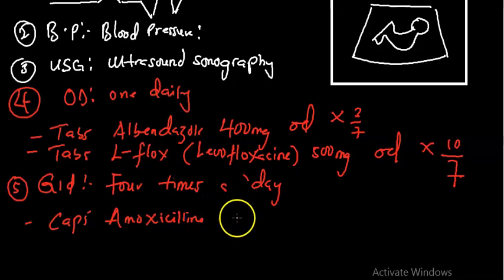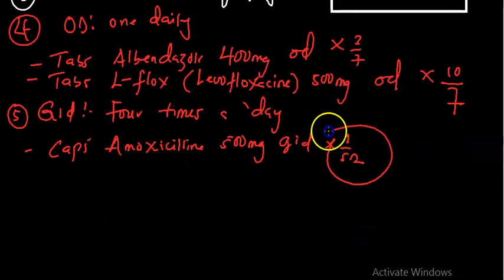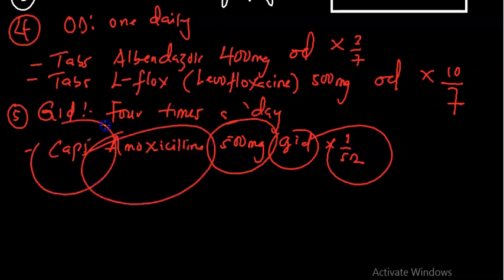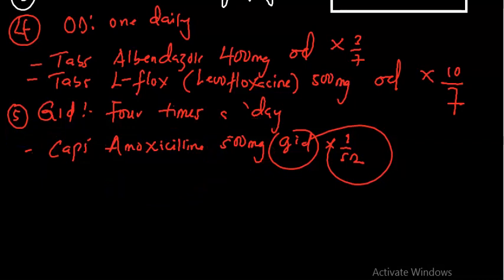Each capsule contains 500 milligrams, usually taken QID multiplied by, let's say, 1/52. In this case, the 1/52 simply means we have 52 weeks in a year. The QID simply means 4 times a day. 500 is the milligram, and this is the drug name, and this is how it comes. It comes in the form of capsule.